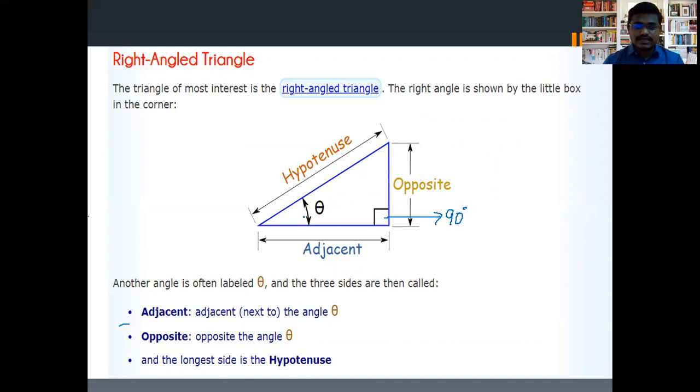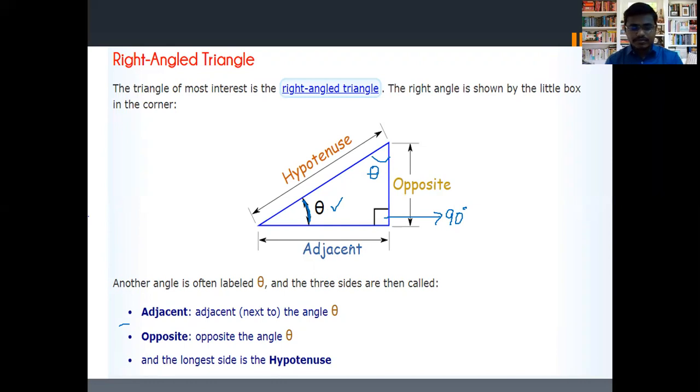The other angle may be theta. Theta basically represents an angle in the triangle. The angle can be taken at whichever place you want, maybe here or maybe here. Depending upon the angle, the opposite and adjacent sides will vary.